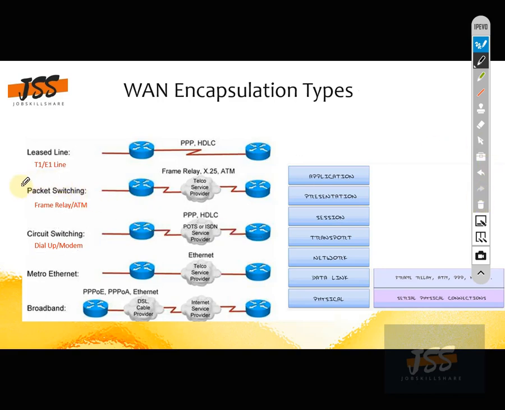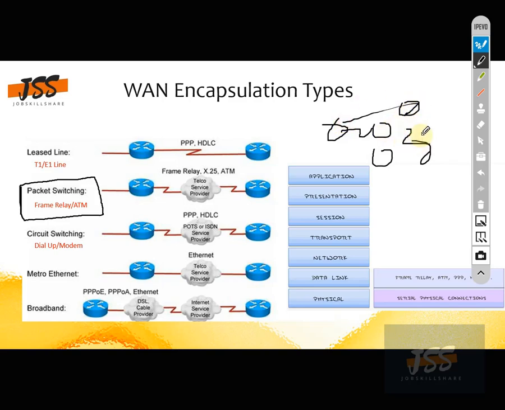Under packet switching, we know from when we talked about routing what happens in packet switching. I told you in circuit switching, this is a predefined path. They cannot take another path. But in packet switching, we could have multiple paths. We have a source here, we have a destination here.